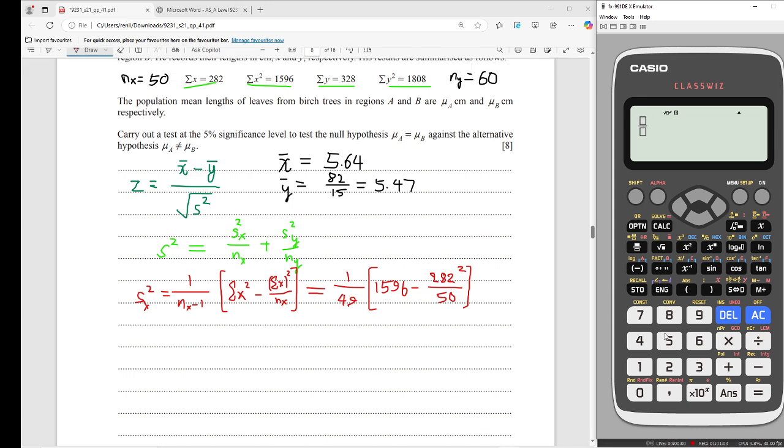So let's put this into the calculator. 1 by 49 multiplied by 1596 minus 282 squared divided by 50, and this here is our answer, 138 by 1225.